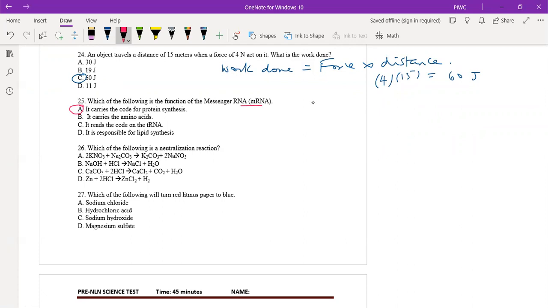26, which of the following is a neutralization reaction? Remember, neutralization is acid plus base to give you salt and water. So identify the acid, identify the base, and you have a salt and water.